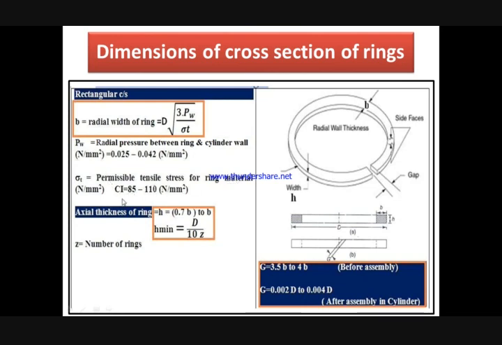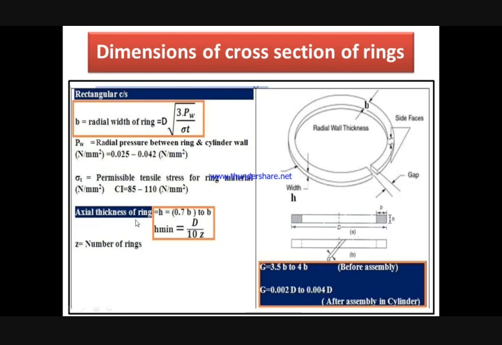Suppose you use cast iron as the ring material, its sigma T value is 85 to 110 Newton per mm square. Normally we take this value as 100 Newton per mm square.